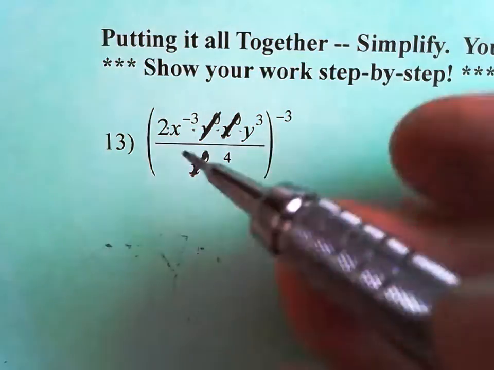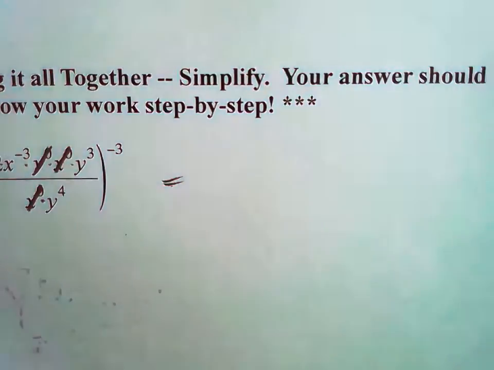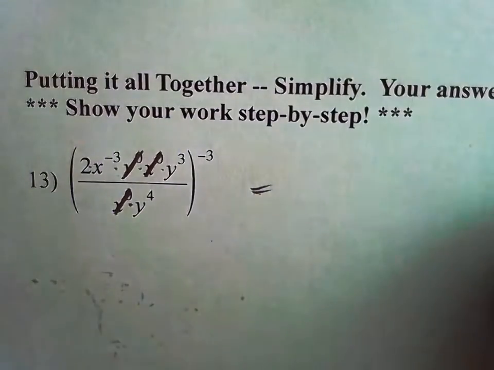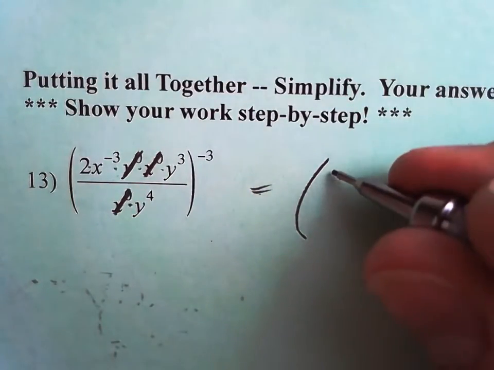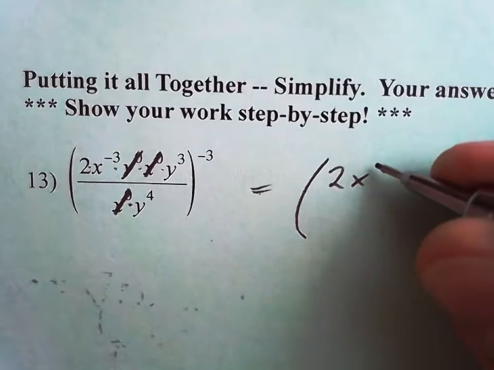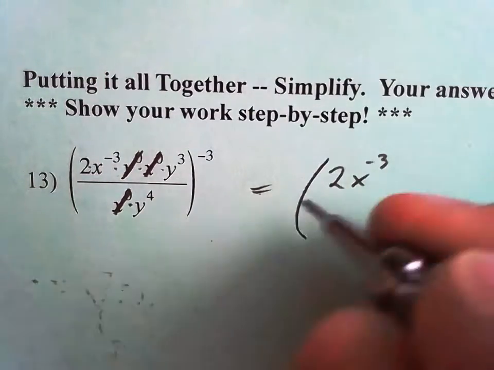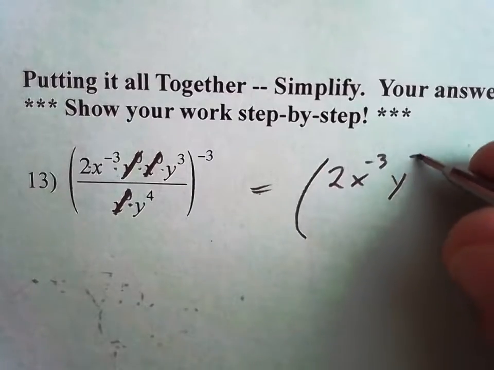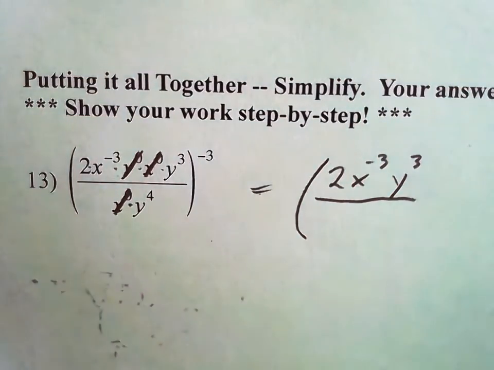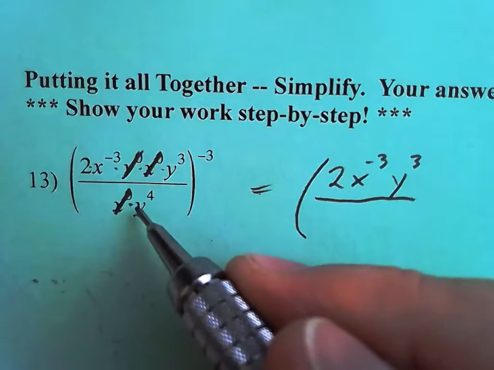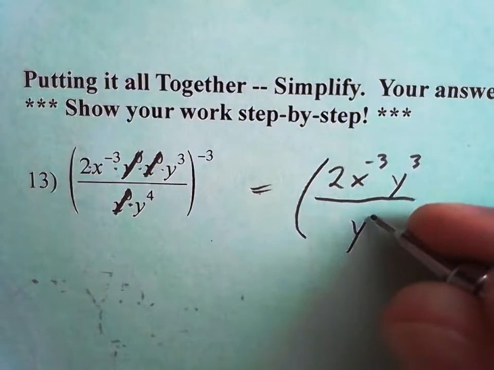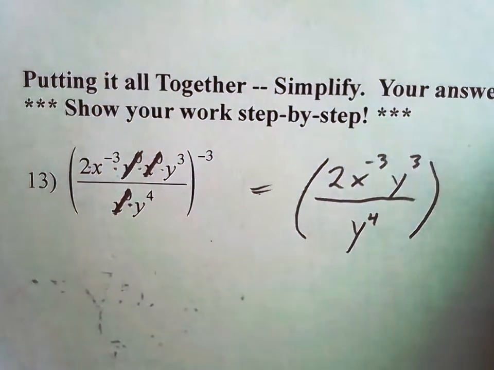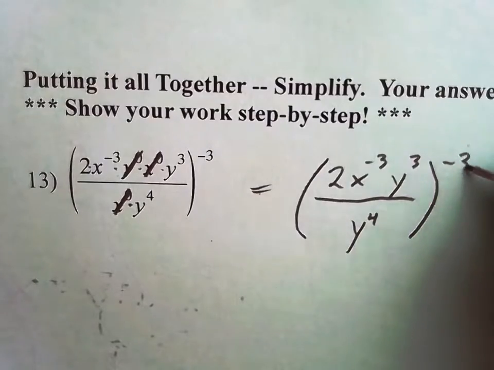It's 1. So really, all you have is 2 times x to the negative 3 times 1 times y to the third over 1 times y to the fourth, which is just y to the fourth, all to the negative third power.